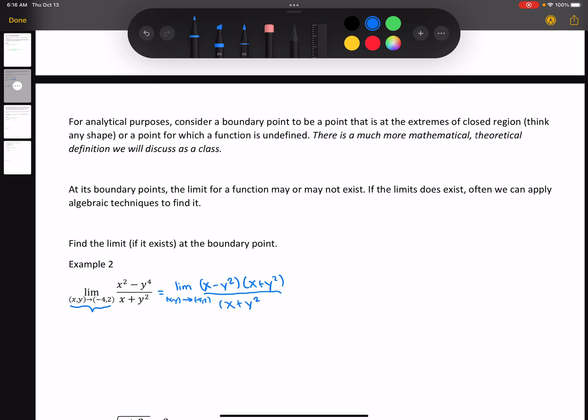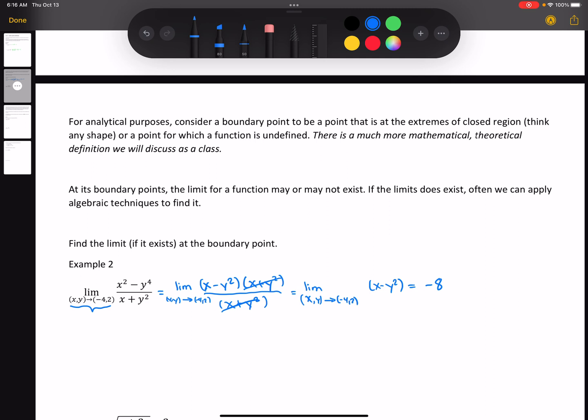We can see that we can cancel the x plus y squared, and we get the limit as (x, y) approaches (-4, 2) of just x minus y squared. And so now if we substitute in -4 and 2, we're going to get -8.